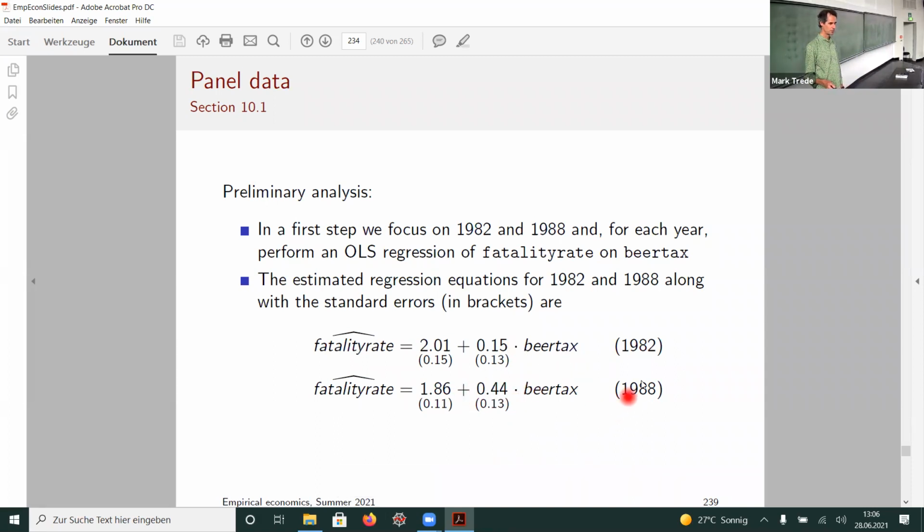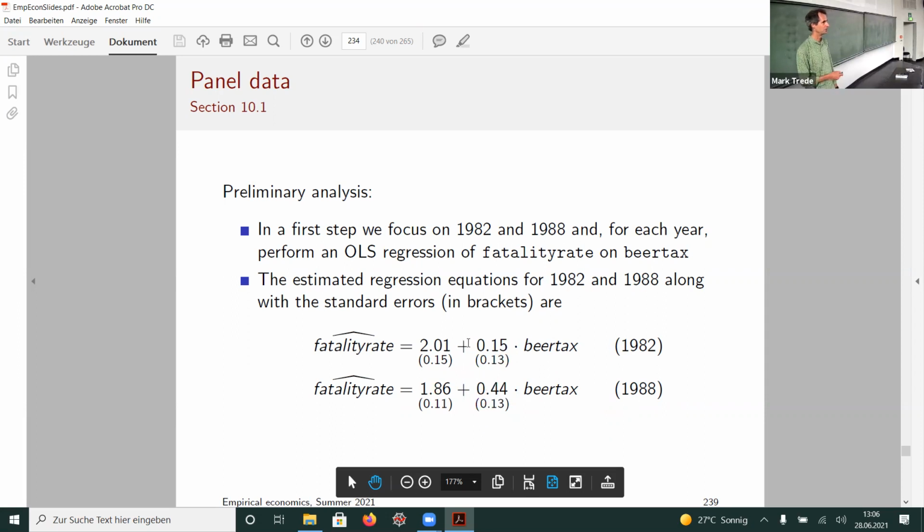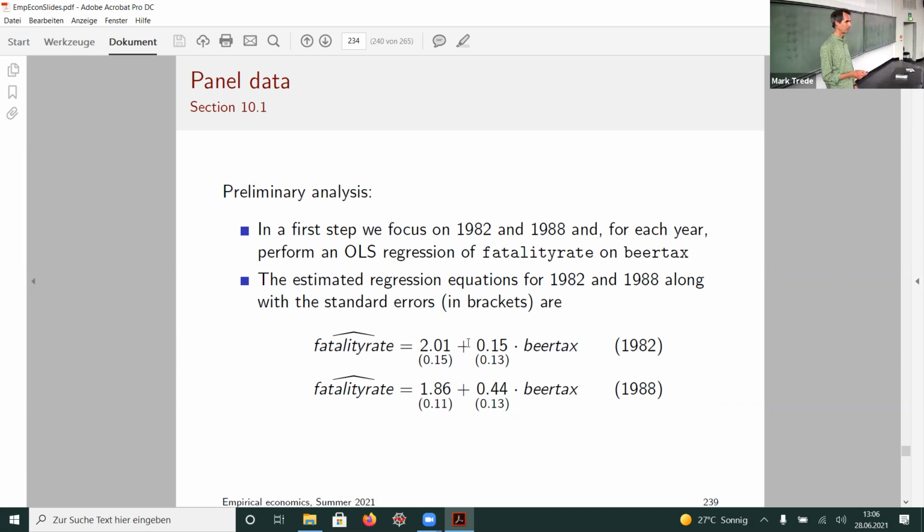So if you rerun this for 1983 and 1984 and so on, you will probably get similar results. There's some kind of variation here, as you can see, but I guess most of the time this coefficient will be positive. This is not really intuitive, and this is not what one would expect. And if the results are really counterintuitive, then most of the time something is wrong. So what might be wrong here?